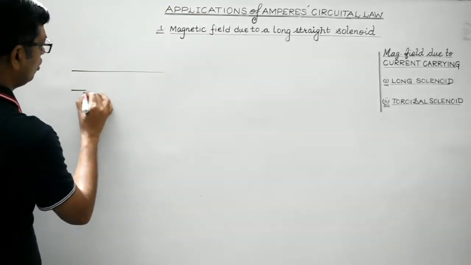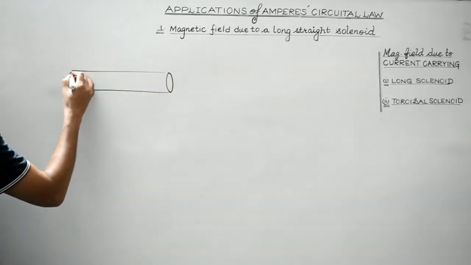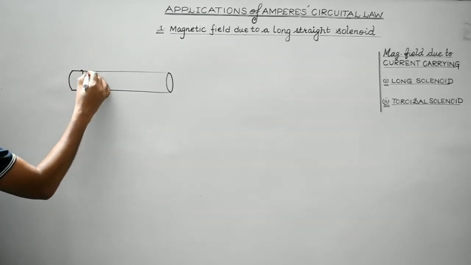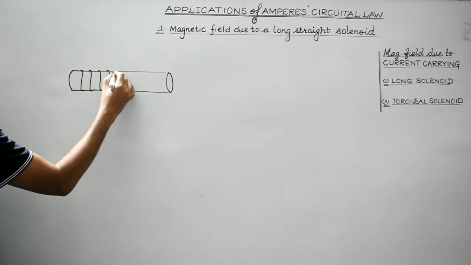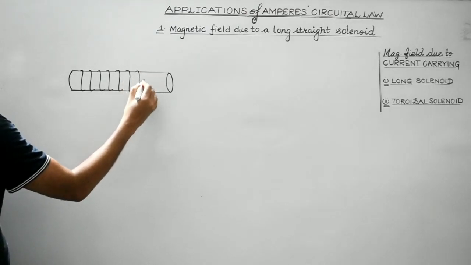This is a long solenoid, and a number of turns of copper wire or any conducting wire is wound over it like this. Let us consider capital N as the total number of turns and capital L as the length of this long solenoid.